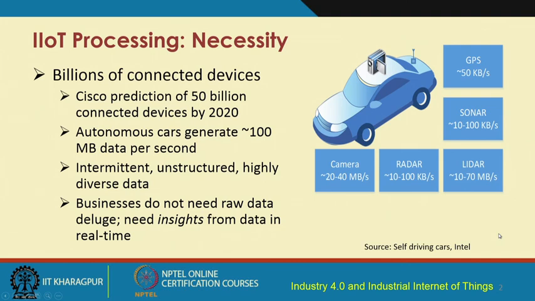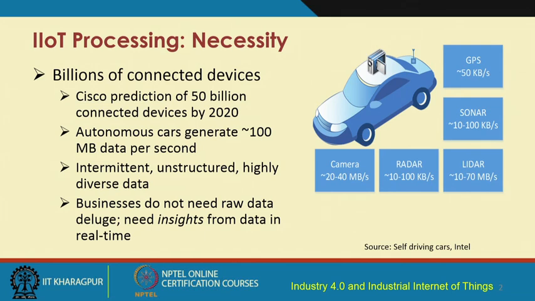So, let us take a look at the self-driving cars, which have become very popular in recent times. Or forget about the self-driving cars, if we are talking about the smart cars in general, the smart cars are equipped with different sensors and different communication devices. It is expected that we are going to have these connected cars in huge numbers in the next few years.